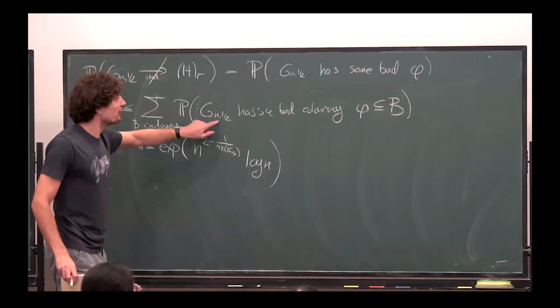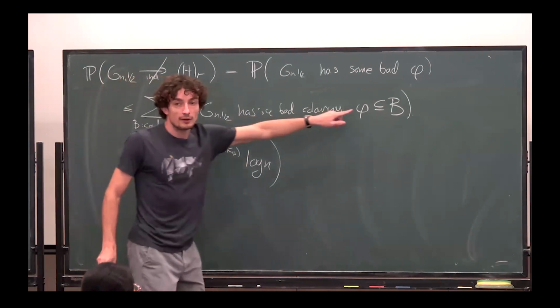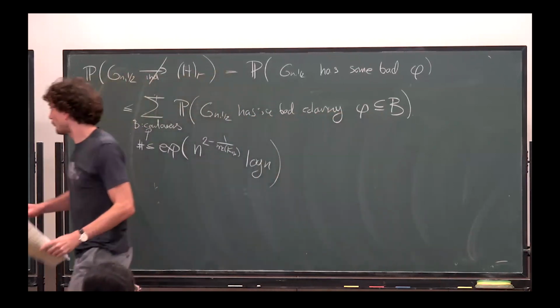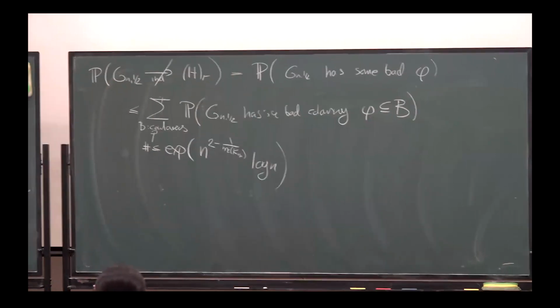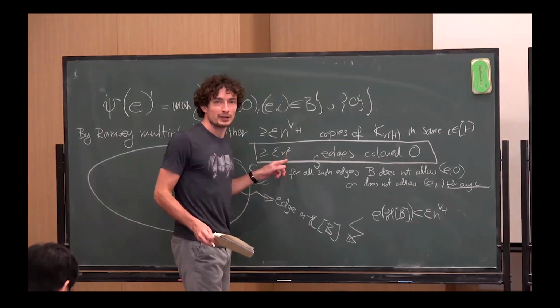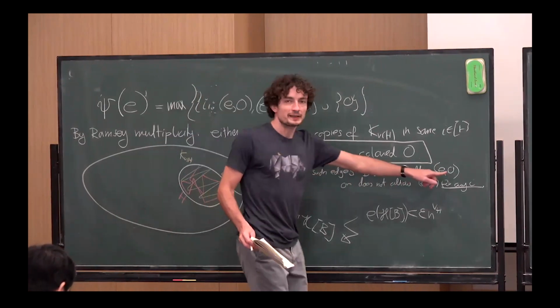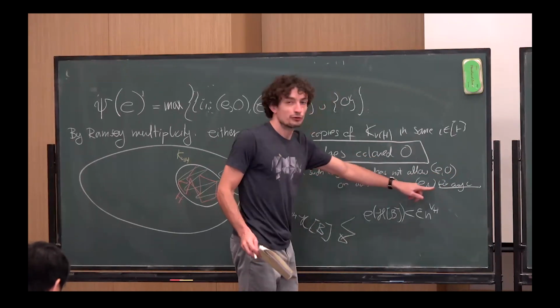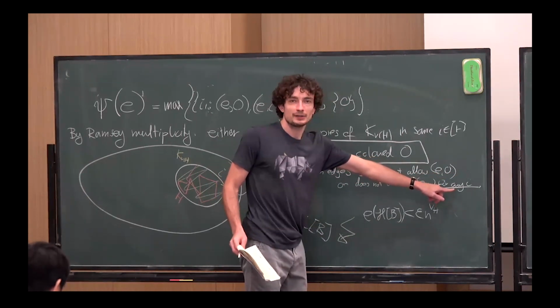What does it mean that Gn1/2 has a bad coloring phi, which is contained in B? Well, for every such B, we have this bad set of epsilon n squared edges where we do not allow this color to be 0, or we do not allow any color other than 0.